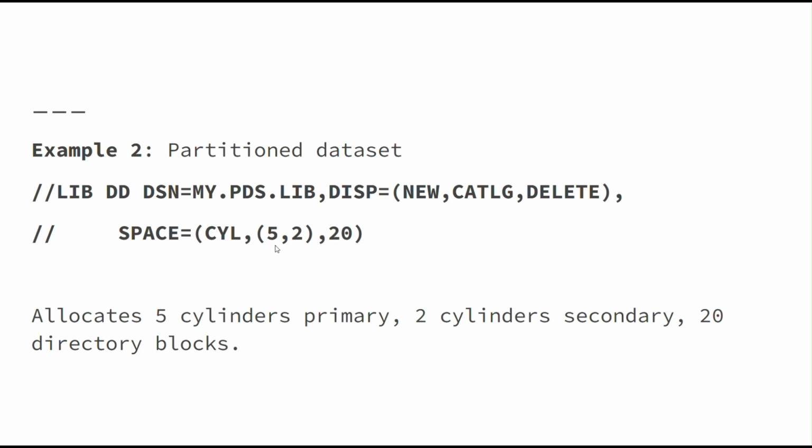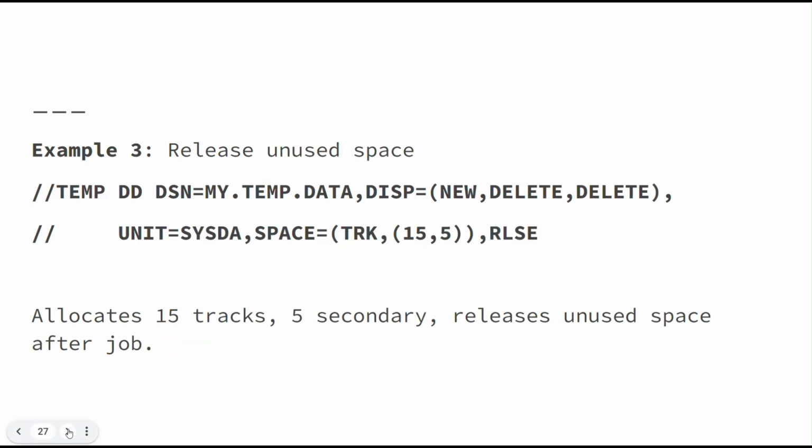Here 5 means primary quantity as 5 cylinders and 2 means secondary quantity. For directory blocks, we have provided 20, for example. Example 3. Release unused space. We are just adding RLSE here, which means when the job is successfully completed, it will release the unused space.